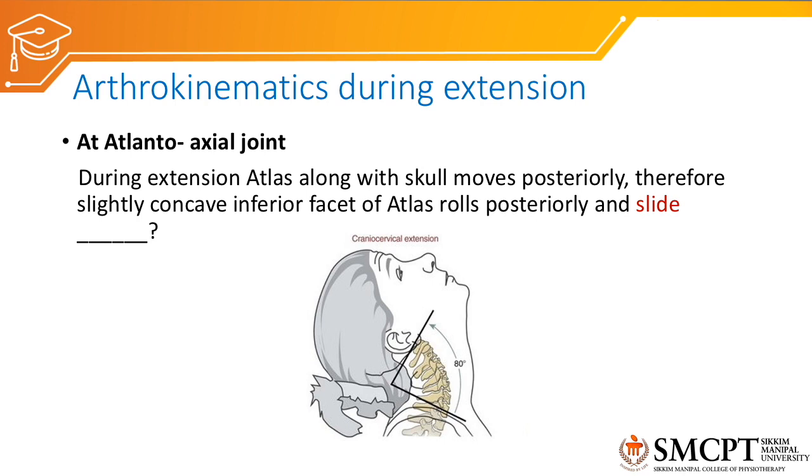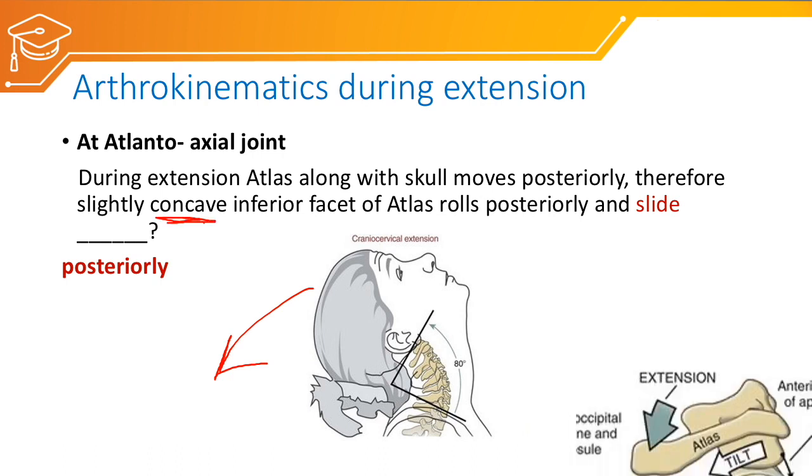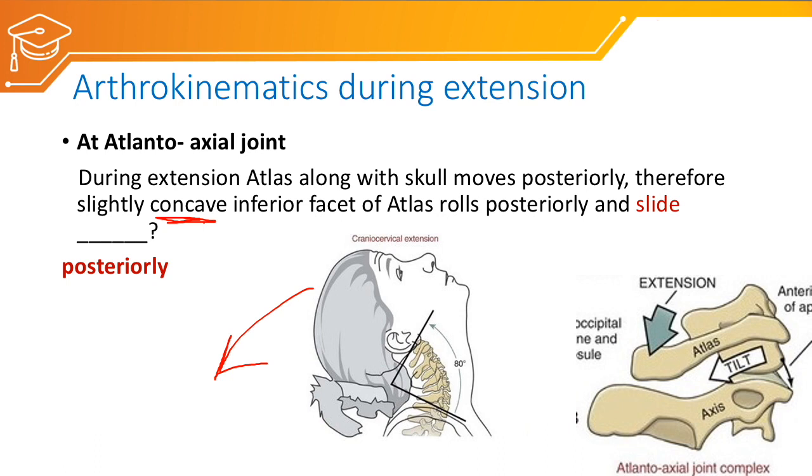During extension, the atlas along with the skull moves posteriorly. Therefore, the slightly concave inferior facet of the atlas rolls posteriorly and slides posteriorly, because concave is moving on convex. We can see the second diagram here.